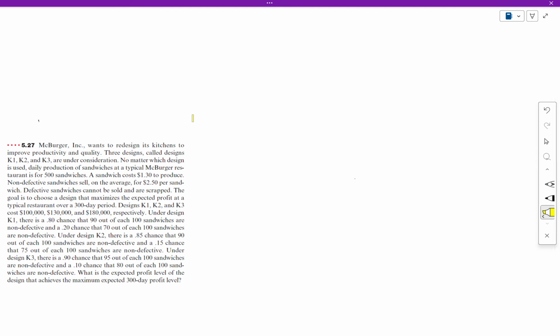MacBurger Incorporated wants to redesign its kitchen to improve productivity and quality. Three designs called Design K1, K2, K3 are under consideration.